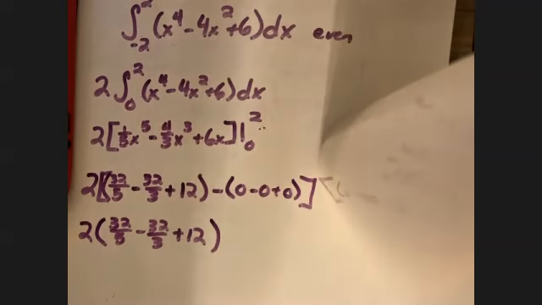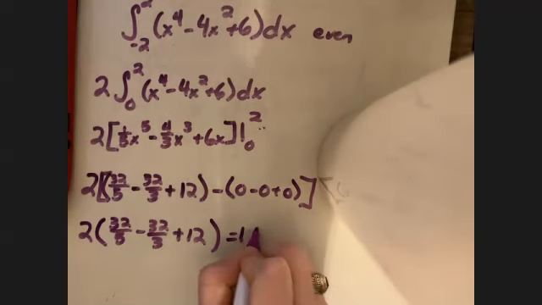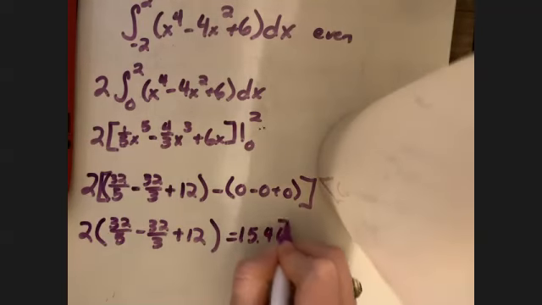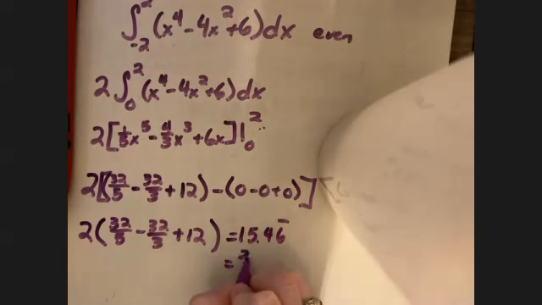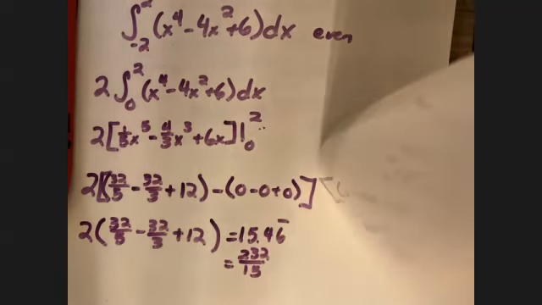Okay, so I'm going to use a calculator to help evaluate. And we end up with either 15.46 repeating or 232 fifteenths. Okay? Kind of whichever way that one would be asked for.